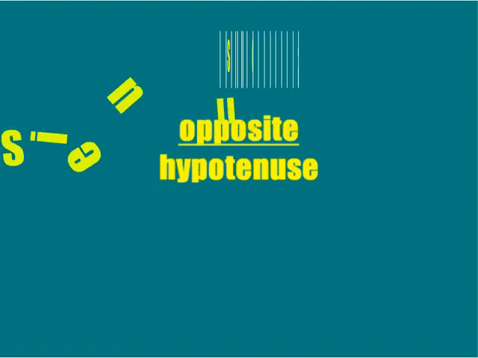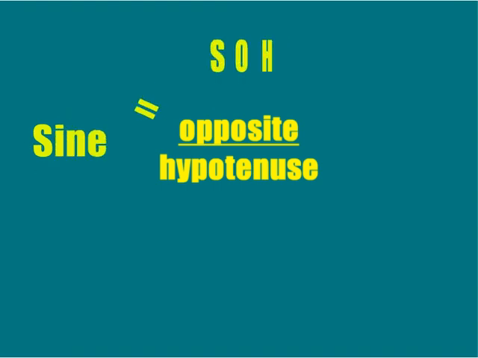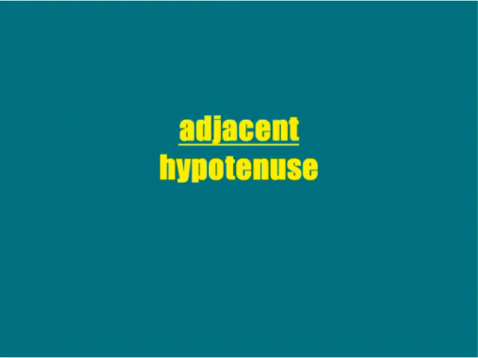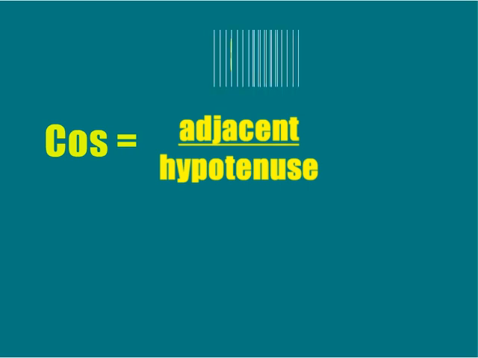SOH. The cosine of an angle is determined by dividing the side adjacent to that angle by the hypotenuse of the triangle, thus giving you CAH, C-A-H.